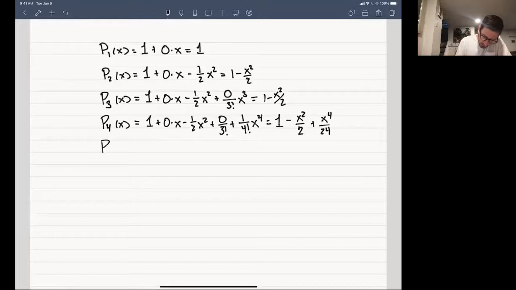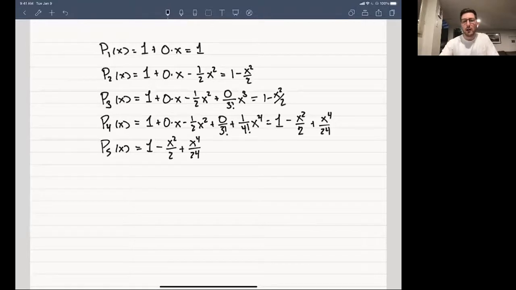And finally, I'll do P5. Well, because there's no odd terms, there's going to be no fifth element, which means that this is equal to just the even up to the order 4 approximation here.